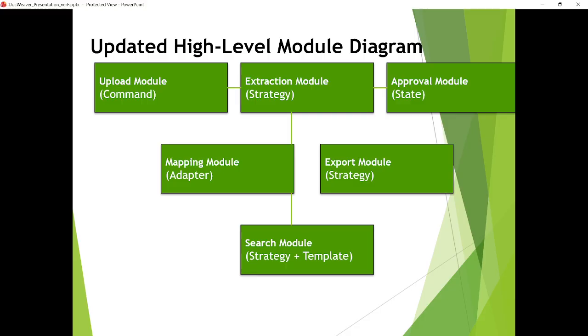Finally, the search module uses the strategy and template patterns and supports keyword, metadata, fuzzy search, and so on. These modules are independent and testable, which allows multiple developers to work without conflict.